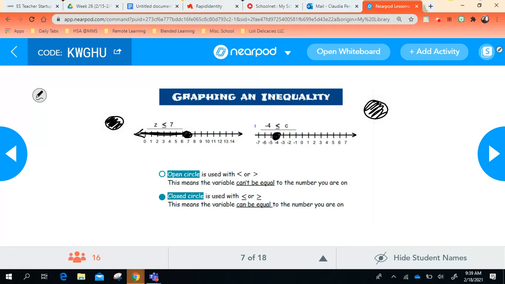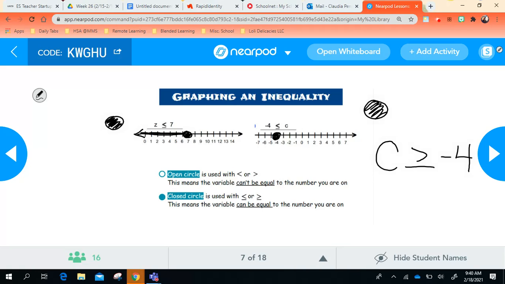So what direction do you think I'm going to graph in if -4 is less than C? Which way? This way? So if -4 is less than or equal to, I like reading it in the other direction. So usually when I have something like this, I'll rewrite it just to make sure I'm doing it right. So what it really says is C is greater than or equal to -4.